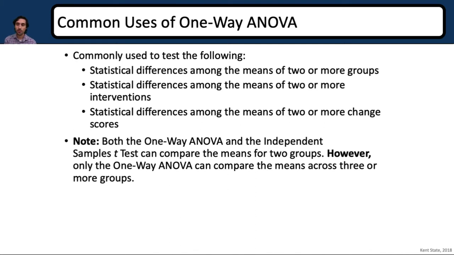So if the grouping variable has only two groups, say a control group and a professional development workshop, you could still technically use a one-way ANOVA, just like you would an independent t-test. That's okay. In fact, if you run an independent samples t-test and a one-way ANOVA, you should basically get the same answers. But the ANOVA will always work for more than two groups.